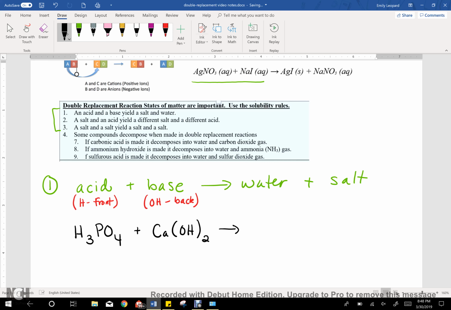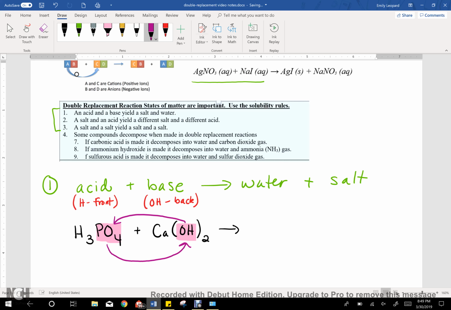Okay, so our rules say that when we do our double replacement, we should end up with water and a salt. What I'm going to recommend, guys, is that when you're doing your double replacement, you can either choose to swap the first pieces, your cations, or the second pieces, your anions. Just to be consistent, I tend to swap the anions. So that means that hydroxide will come over and take phosphate's place, and phosphate will come over and take hydroxide's place, okay?